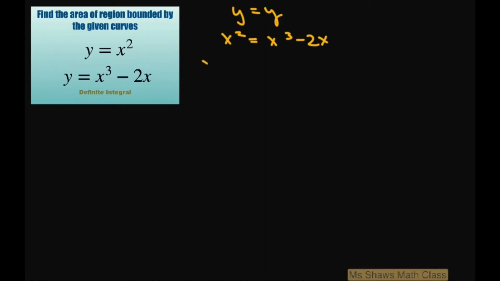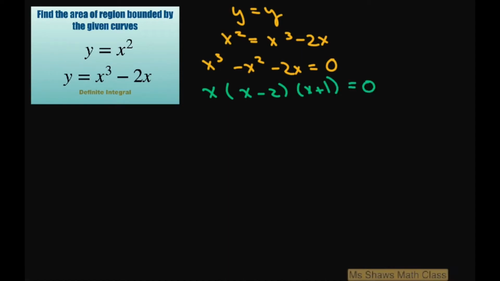That's going to give you x cubed minus 2x minus x squared equals 0. And if you factor this, you're going to factor out an x. And this is going to give you x times (x minus 2) times (x plus 1) equals 0.